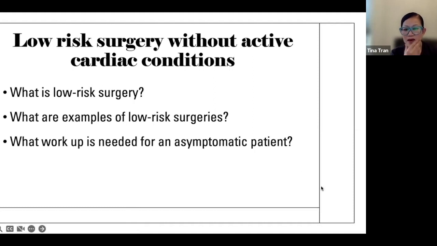Are there specific considerations for patients with endocrine problems, hypothyroidism, Cushing's? Are those patients usually not a problem during surgeries? That's a great question. They usually are not unless they are in extremes.